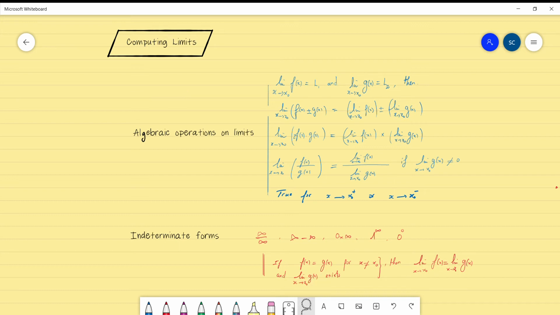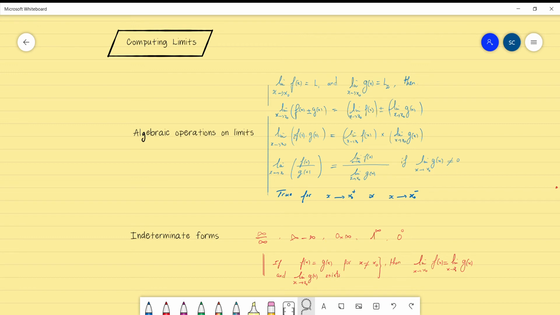So if we know that the limit of f is L1 and the limit of g is L2, then the new function f plus g or f minus g has a limit. We prove using the definition that you just add the limit of each function, or if we are interested in the difference, we do the difference.